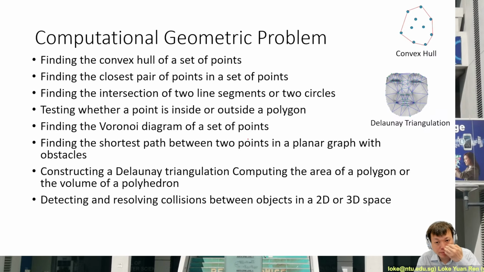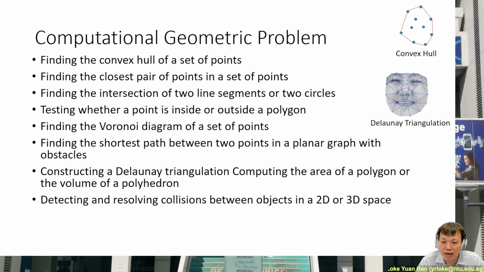Other problems we will not cover in this course, but which are actually computer science problems, are computational geometry problems. People working in computer graphics use them, for example, to find the convex hull. Given a set of points, you want to find the outer contour that covers all the points.